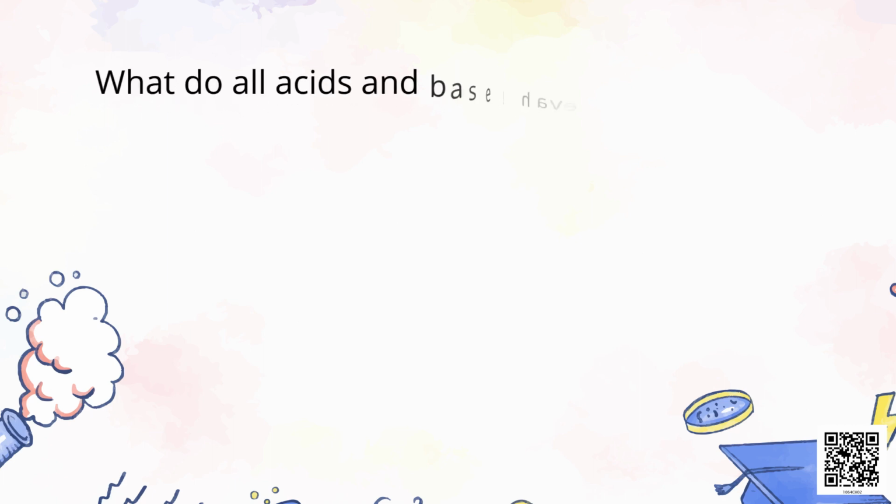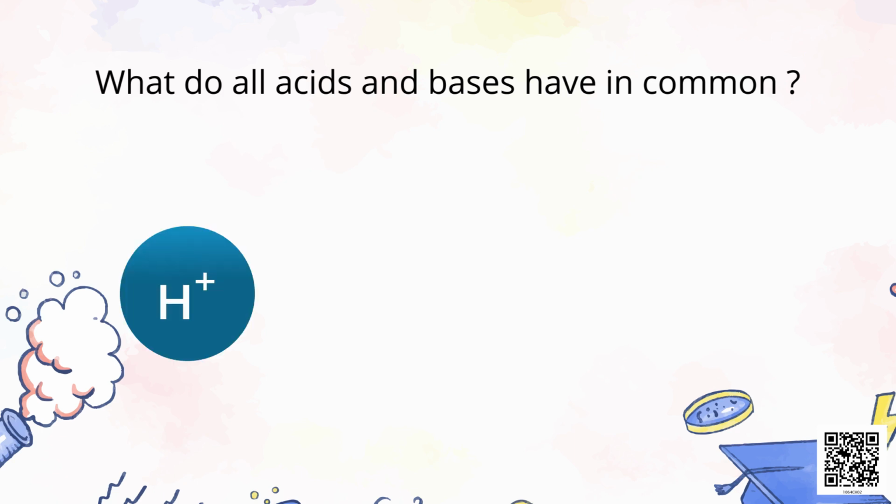Children, now is the time to study what all acids and bases have in common. All acids have similar chemical properties due to the presence of hydrogen ions in them. These hydrogen ions are represented as H+.